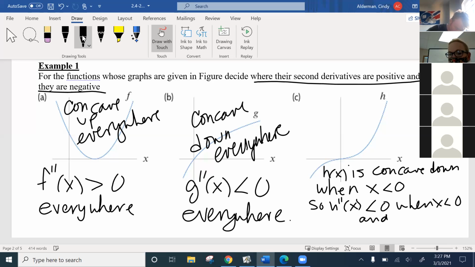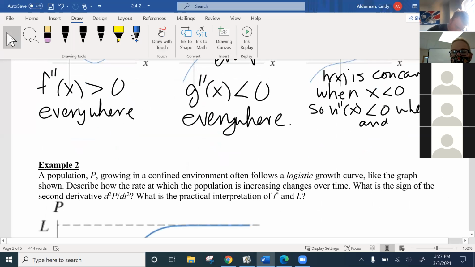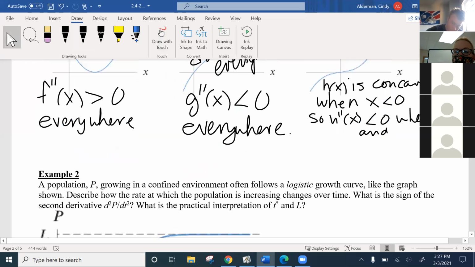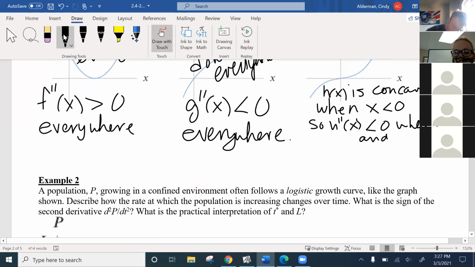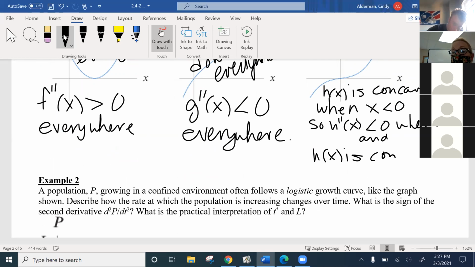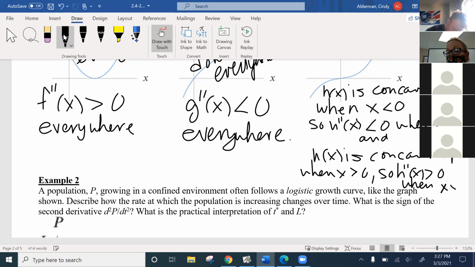And also h is concave up when x is greater than 0. So h double prime of x is greater than 0 when x is greater than 0.